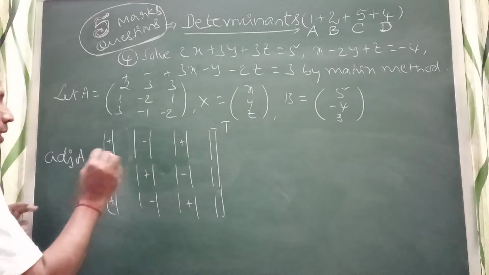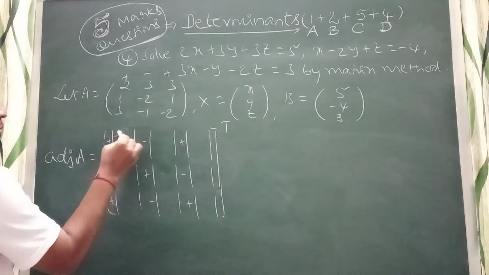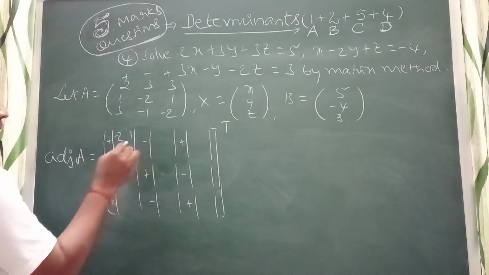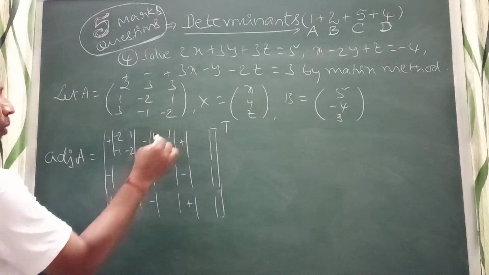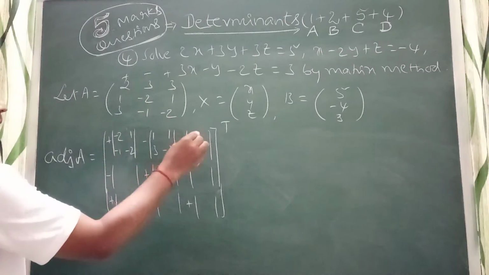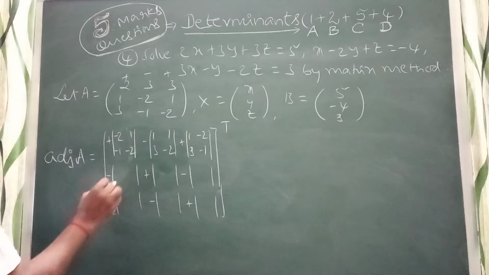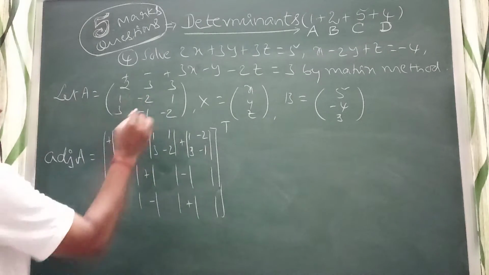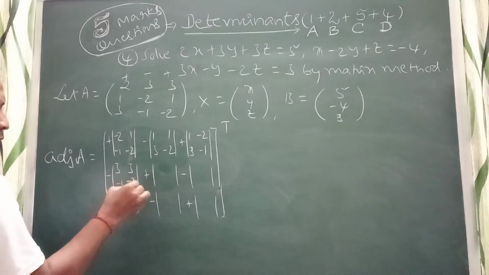Now to find the adjoint, leave this row and this column. Here you will get minus 2, 1, minus 1, minus 2. Coming here, leave this row and this column: 1, 1, 3, minus 2. This one, leave this row and this column: 1, minus 2, 3, minus 1. Coming here, leave this row and this column: 3, 3, minus 1, minus 2.